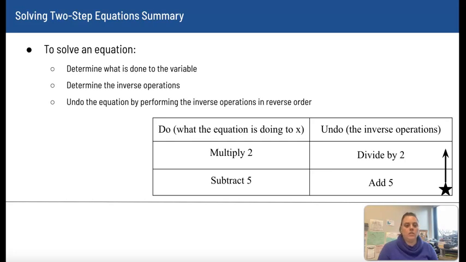So to summarize, in order to solve an equation, we determine what is done to the variable. Then we determine the inverse operations, and we undo the equation by performing the inverse operations in reverse order.